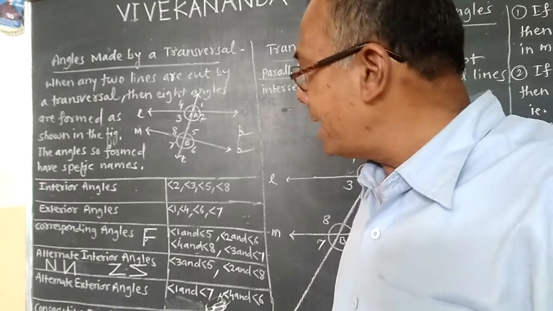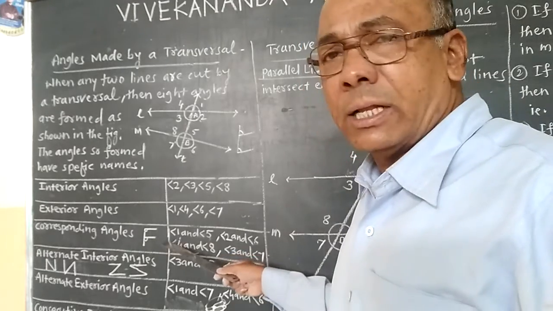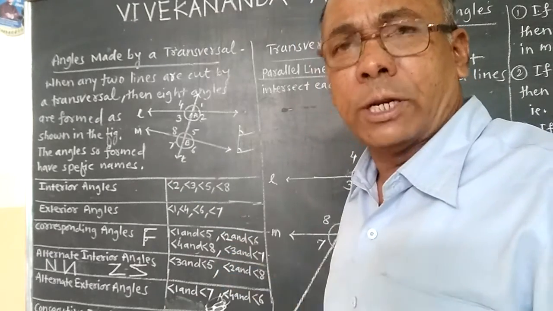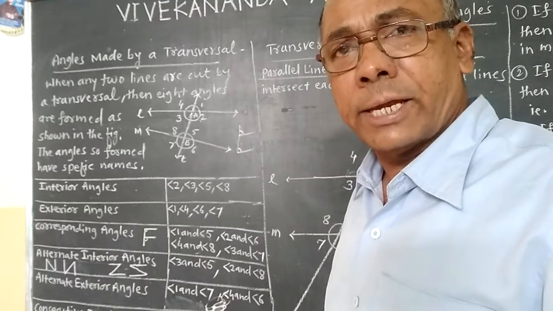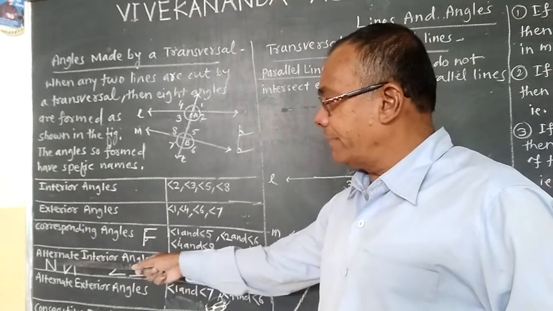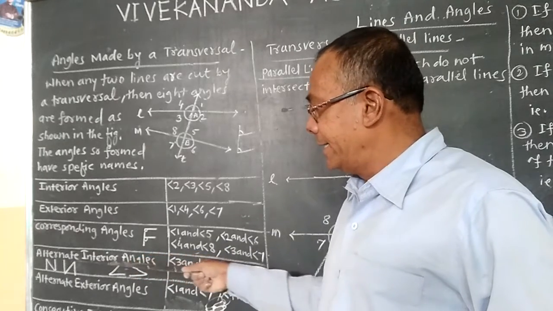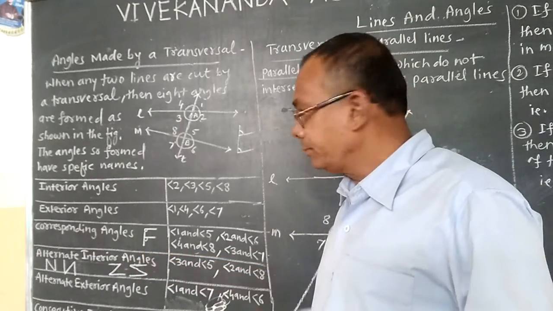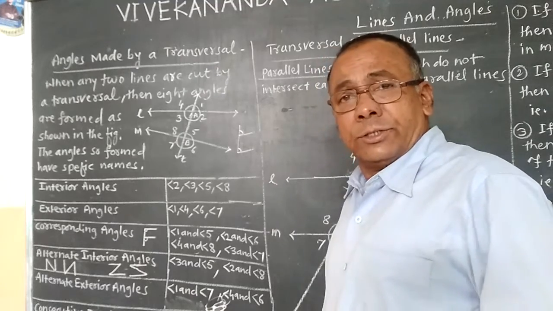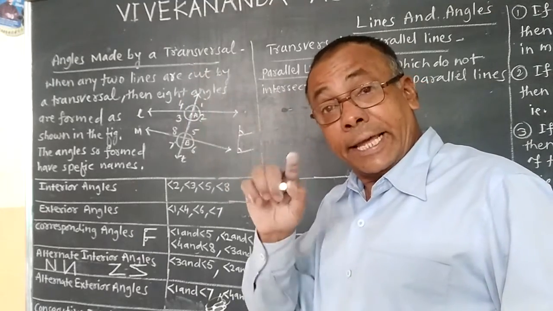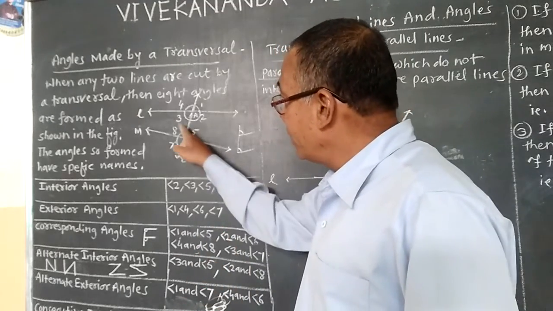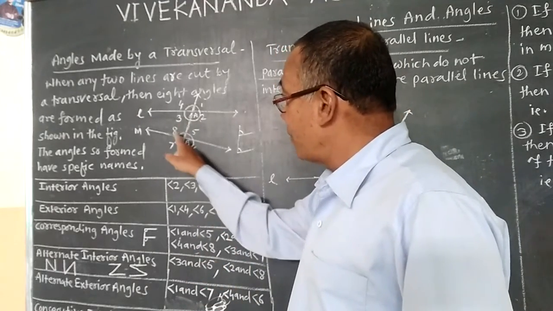Keep it in mind that these types of angles are very important. Understand? Now we will see the next type, that is alternate interior angles. अल्टरनेट इंटीरियर एंगल्स जो जेड में रहते हो, इंटीरियर बोल रहे हैं, नॉट एक्सटीरियर. इंटीरियर बोले तो अंदर वाले 2, 3, 5 and 8.